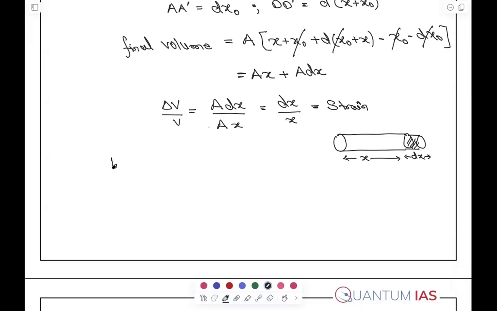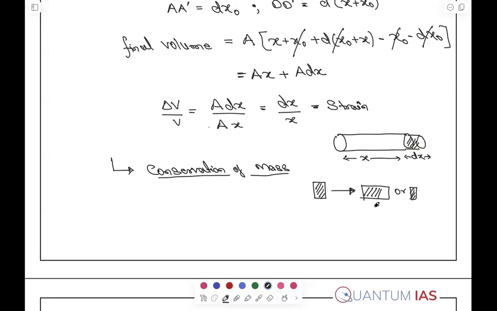Now, whatever is happening, we know that mass is always conserved. This is the amount of element that we are taking. Listen carefully. Whether it is a rod, a gas, or air, it can be anything. It might elongate, or it might be compressed.